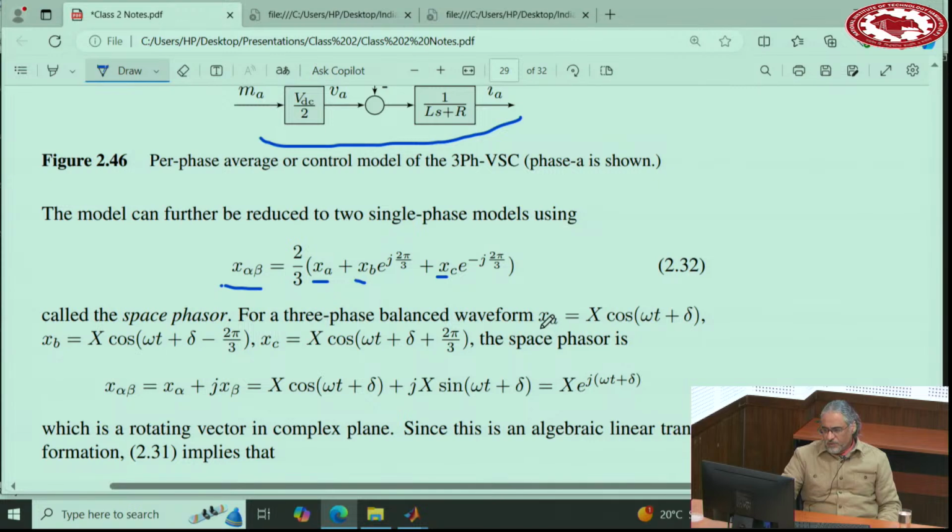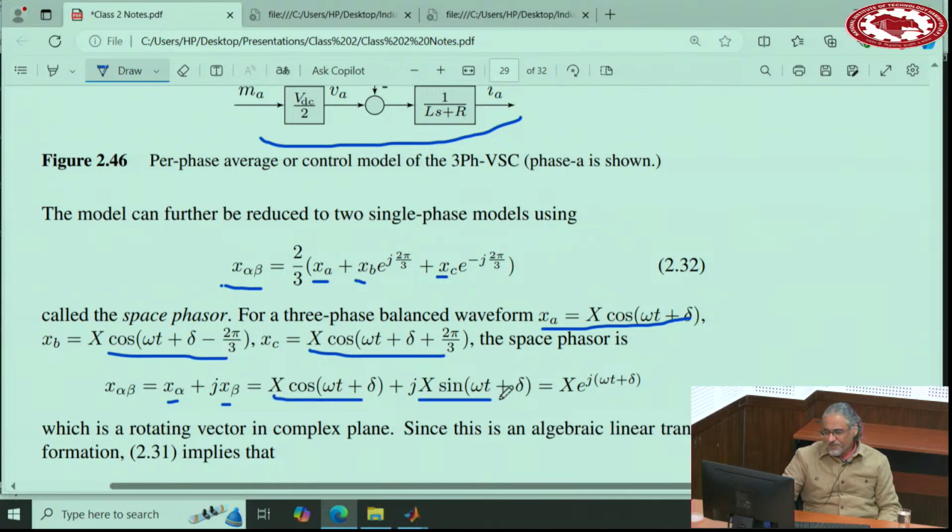So for instance, if XA is this one, XB is this one, 120 degrees behind, and XC is this one, which we have in a power system, then X alpha beta, which is X alpha plus jX beta, just put these three into this equation as a little exercise, and you will see that it becomes this plus this. So the alpha component becomes cosine and the beta component becomes sine of the same argument. So the beta component is 90 degrees behind the alpha component.